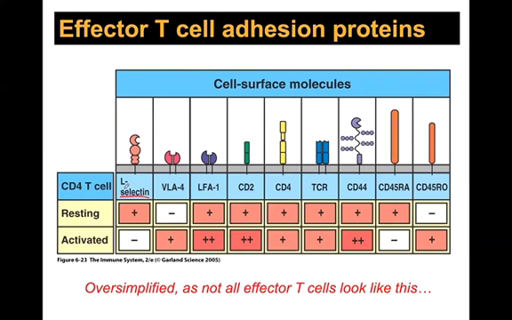So instead of expressing L-selectin, it expresses the ligands for other carbohydrates, and these are the P and E selectins. It will also upregulate the integrins. Integrins are these dimeric proteins that go from a low affinity to a high affinity form. And why does it do that?